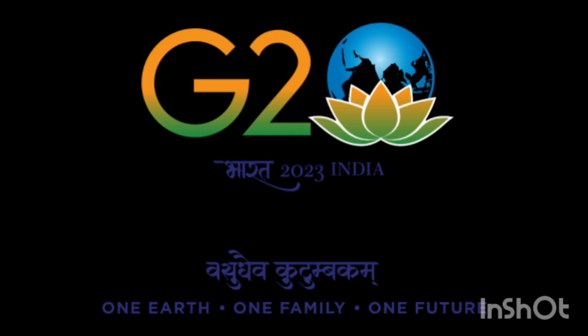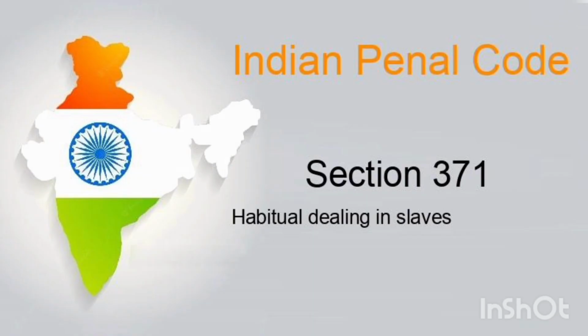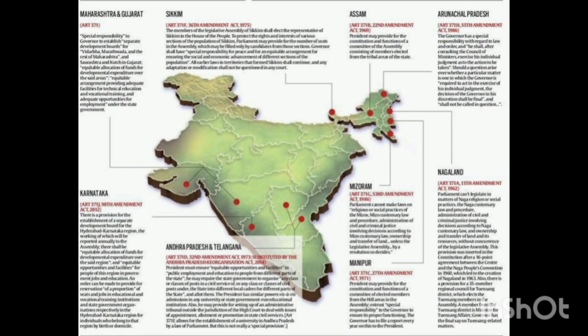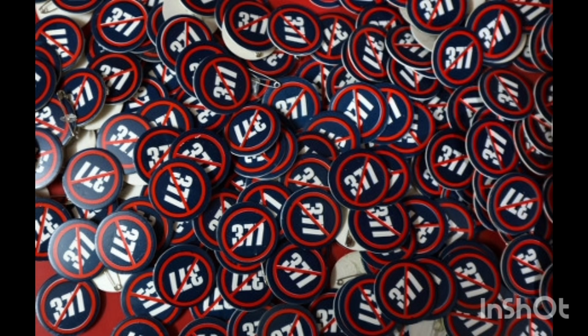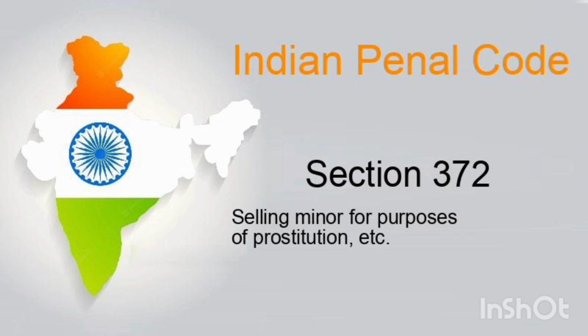Chapter 8, sections 141 to 160, offences against public tranquility. Chapter 9, sections 161 to 171, offences by or relating to public servants. Chapter 9A, sections 171A to 171I, offences relating to elections. Chapter 10, sections 172 to 190, contempts of the lawful authority of public servants.